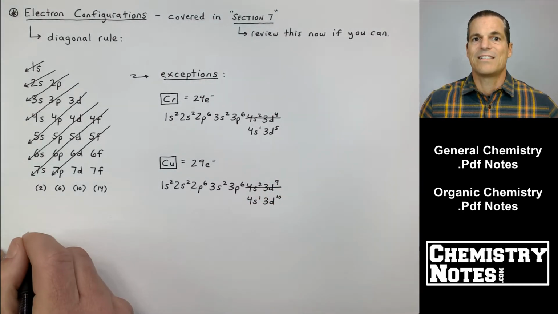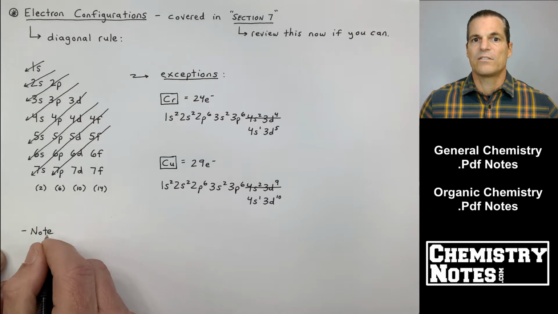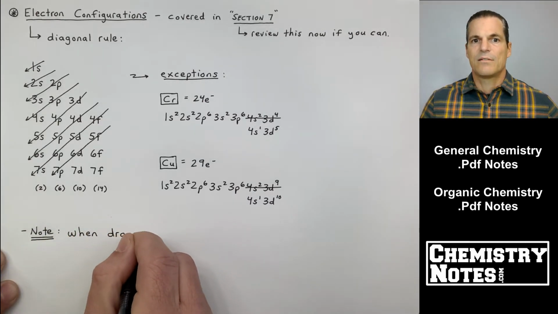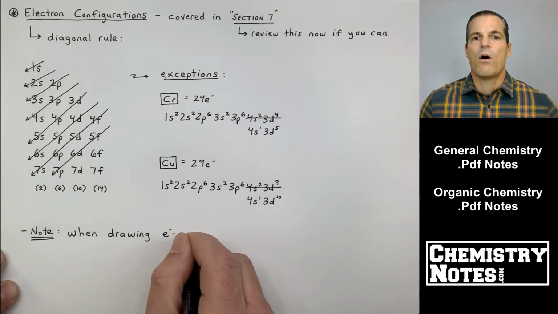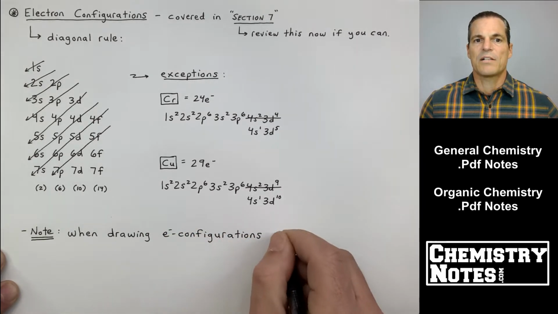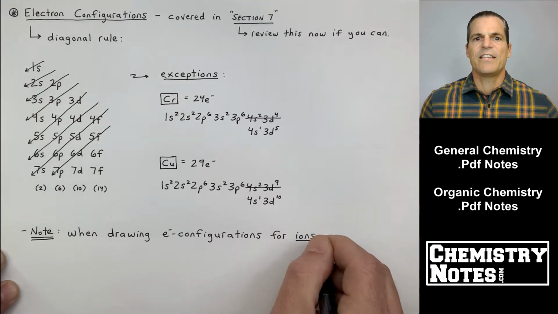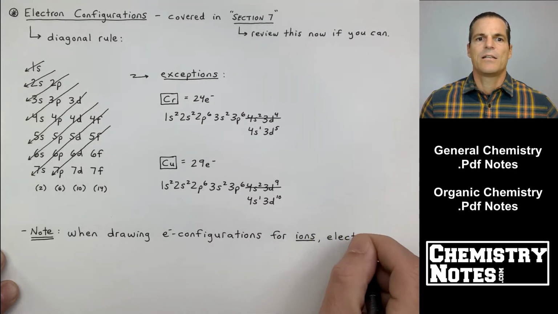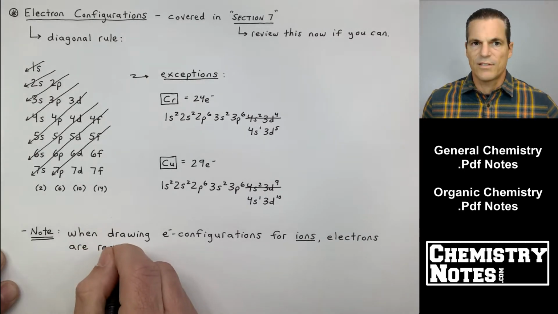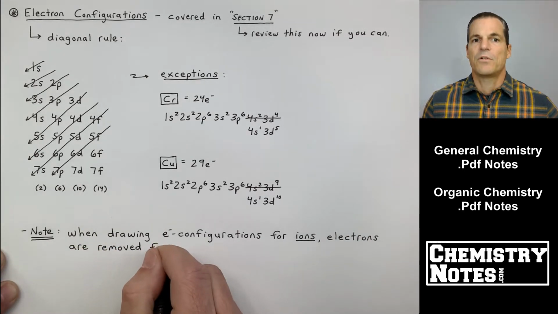So chromium, instead of ending at 4s2 3d4, is 4s1 3d5. Okay, beneficial to have all of those 5 d orbitals half filled. Copper, 29 electrons. Instead of ending at 4s2 3d9, it's 4s1 3d10.